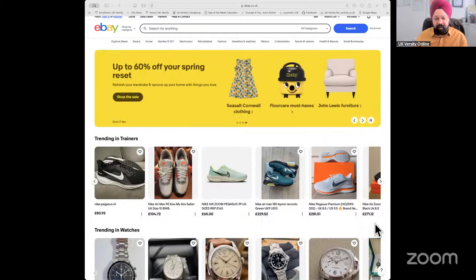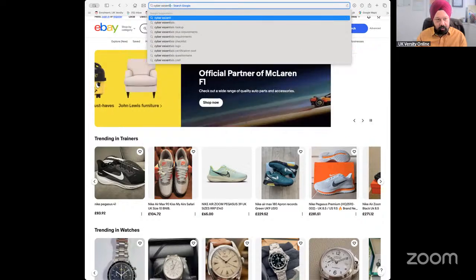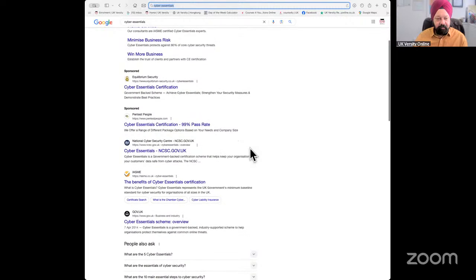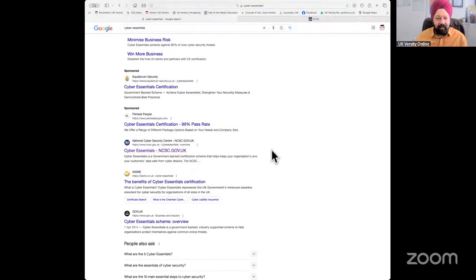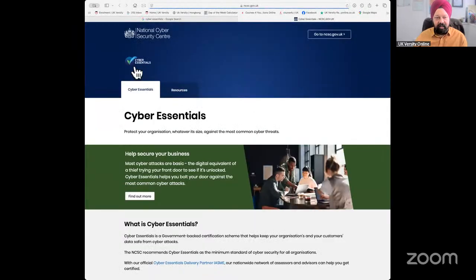So one of the things that you would generally see is what is called Cyber Essentials. Now, this is a standard which has been essentially created by the National Cybersecurity Center in the UK, which is a government website. And what they've done is they've created a standard called Cyber Essentials. Now, any website which basically shows this particular logo would mean that the website is developed using certain standards.